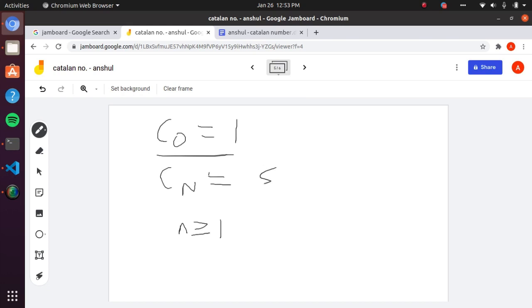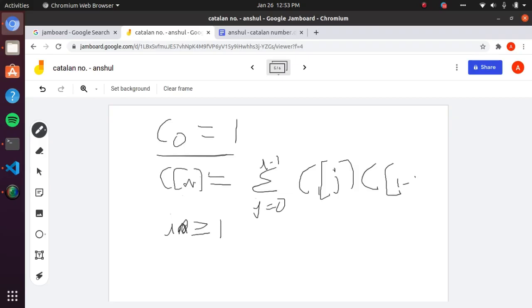For Ci, it will be a summation from j equal to 0 to j equal to i minus 1, of Cj into C i minus j minus 1. So this will be the recurrence relation.